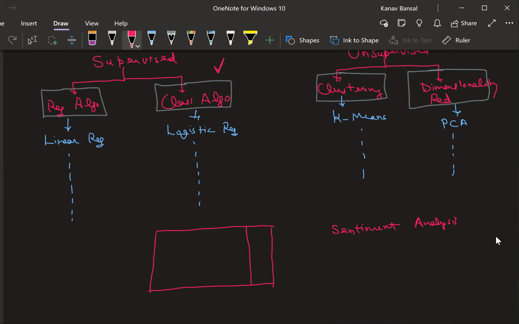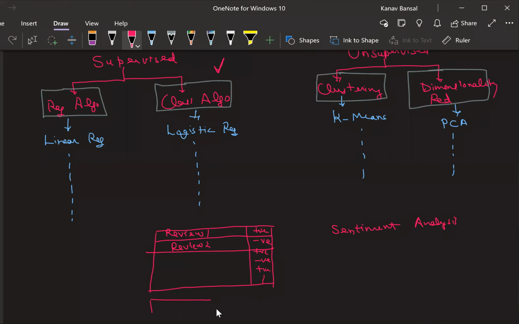The task was, given any review, review 1, review 2, along with the review you will be given some sentiment. It can be a positive sentiment, a negative sentiment, and so on.